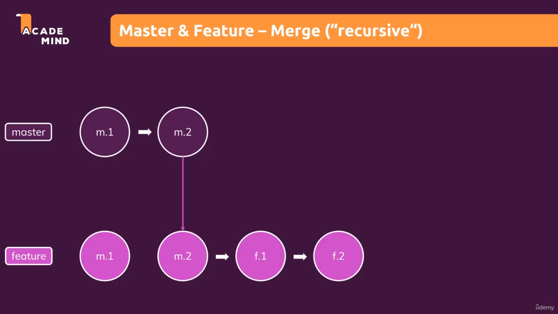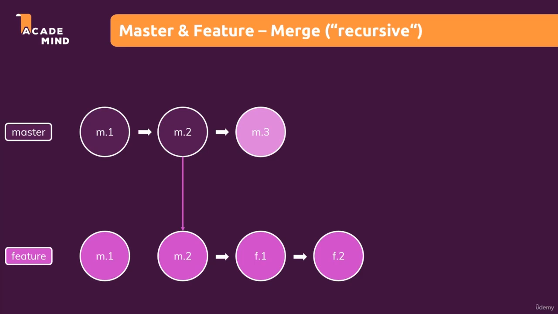But typically the recursive merge occurs if you have changes in the feature branch and if you also have new commits in your master branch. So basically the base for the 2 branches is no longer the same. Initially, both branches were based on the M2 commit, but here the master now has the M3 commit, whereas the feature branch is based on the M2 commit in the end.